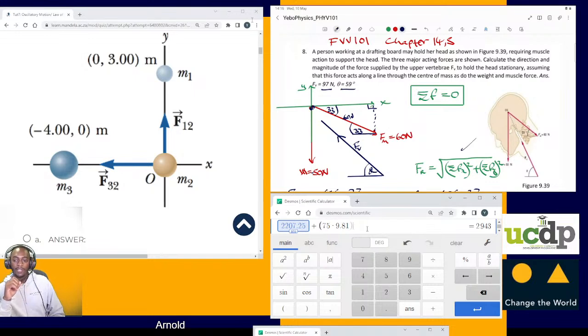So if there is a question of interest in section 14.5 on static equilibrium, you'll find it in one of the recorded videos.